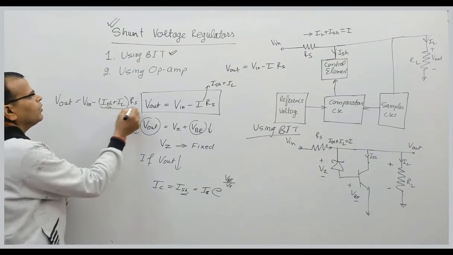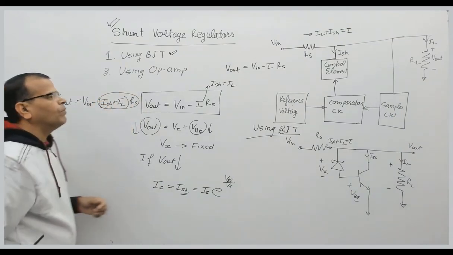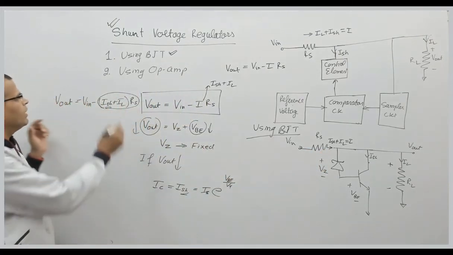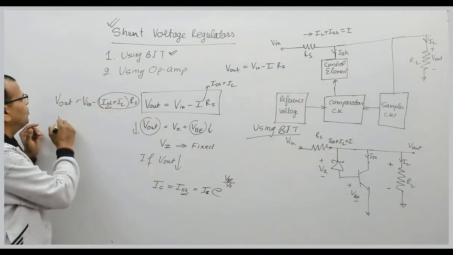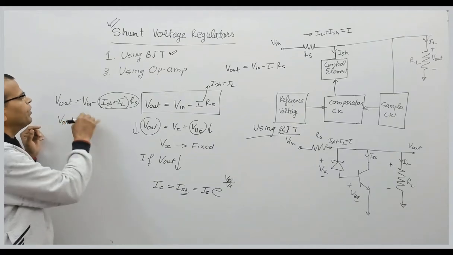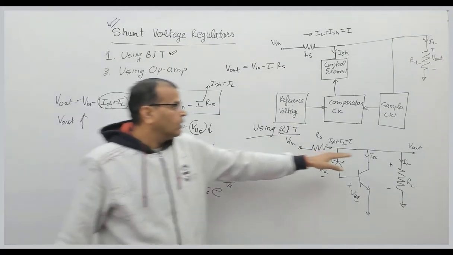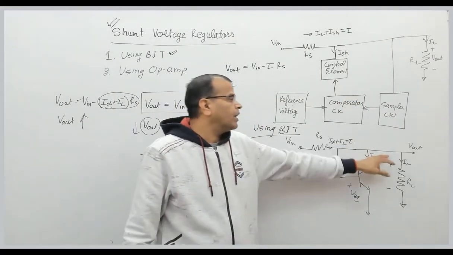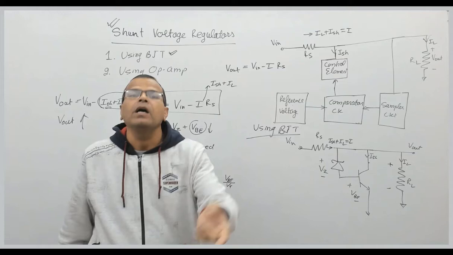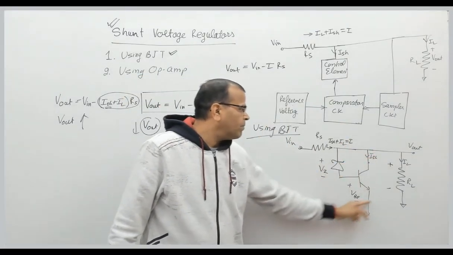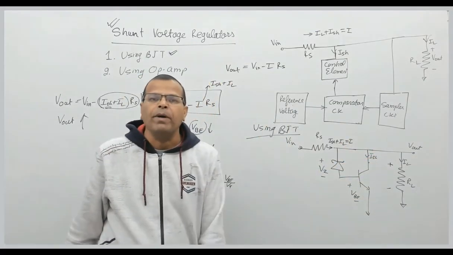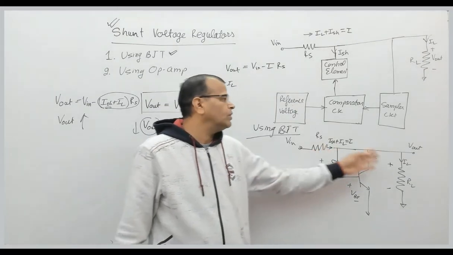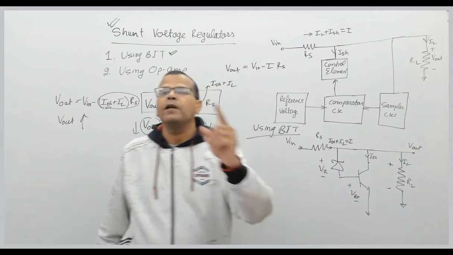When collector current reduces, the drop of voltage across RS reduces, and when this reduces, your output voltage will increase. So the output voltage was reduced because of reduction in load resistance, but because of this feedback mechanism, because of this control element, this current reduces, voltage drop across RS reduces, which in turn pulls up the output voltage.